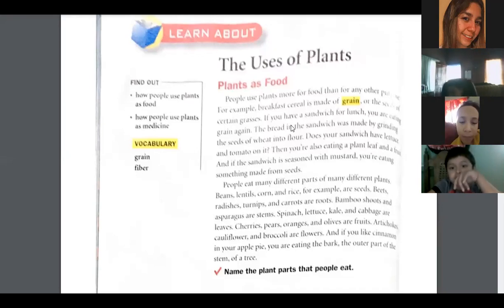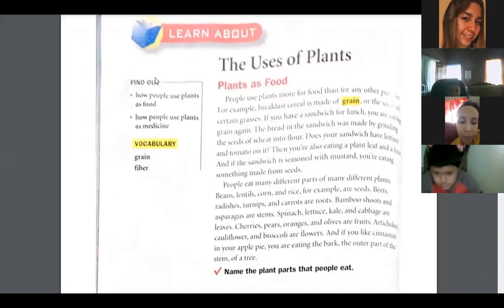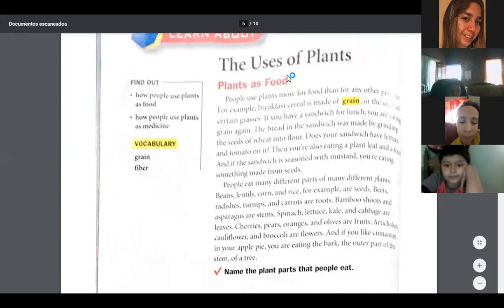So for this topic, we need to understand two of the vocabulary words that we're going to write in our notebooks. Okay, let me show you what other parts of the plant we eat.